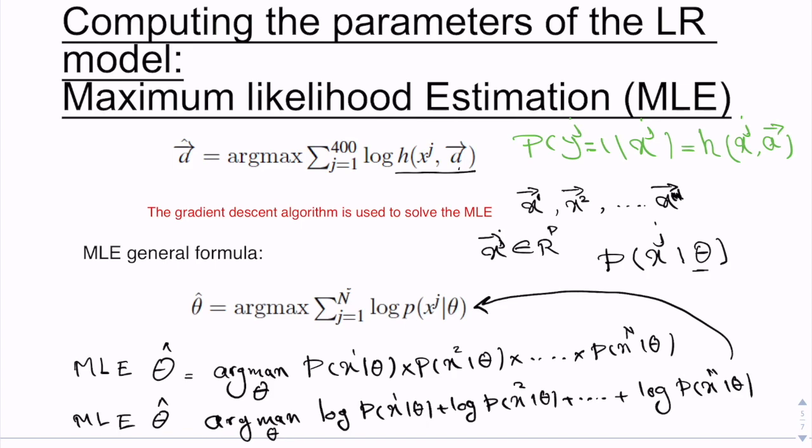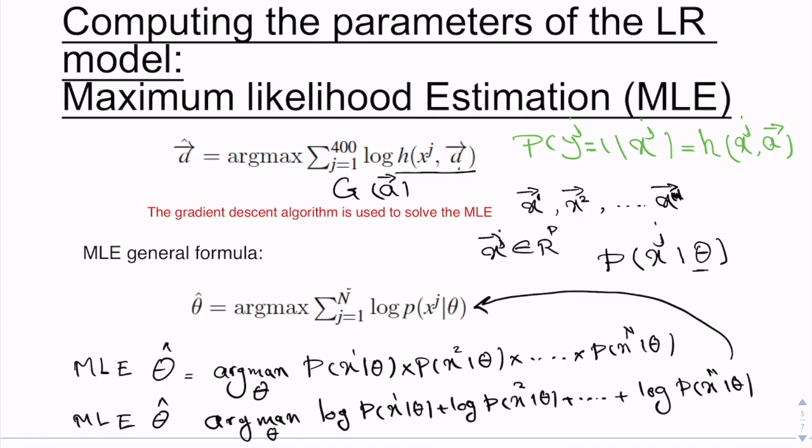So okay, how do we solve this? Here I have a function, which I can call J, and the parameters are a. How to find the a that maximizes this function is another story.